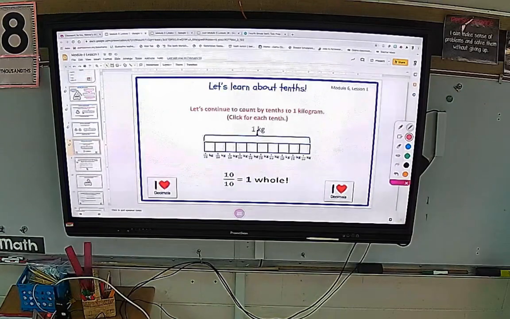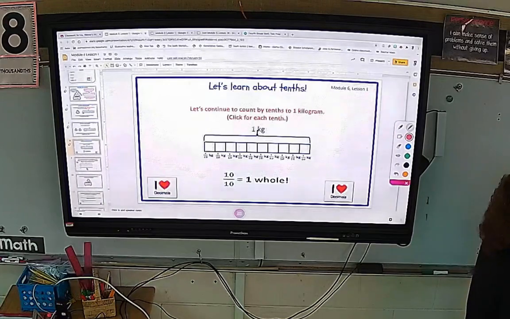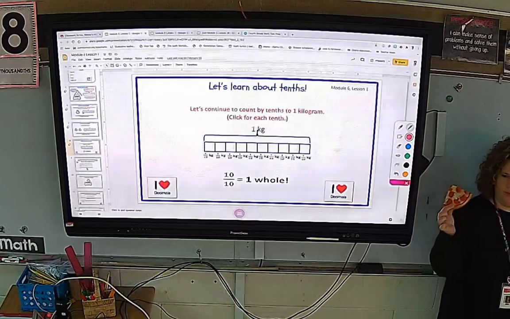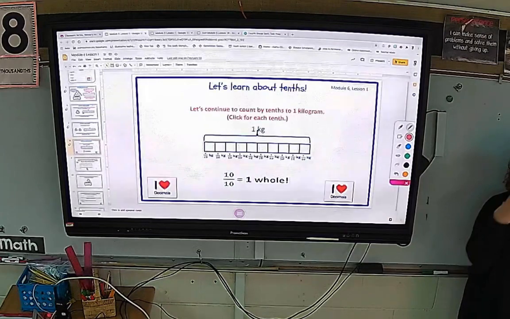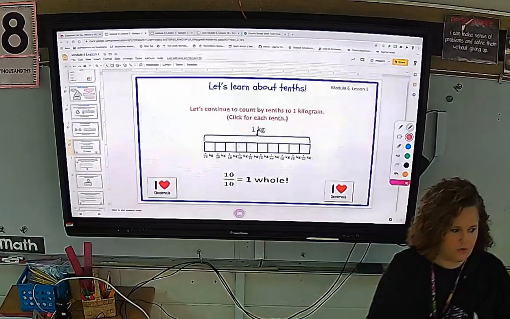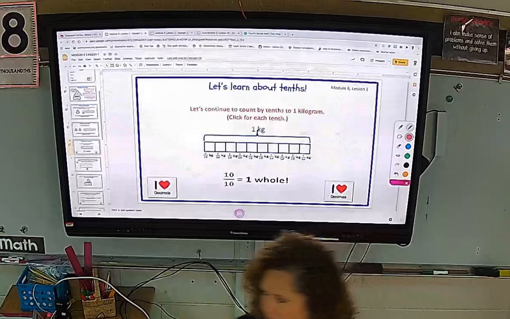Remember how fractions are just pieces that are smaller than 1 whole, right? Because if I took this, it's not 1 whole pizza anymore. It's just a little piece of it. It's smaller than the 1 whole. Okay. Decimal pieces are smaller than one whole. Okay?